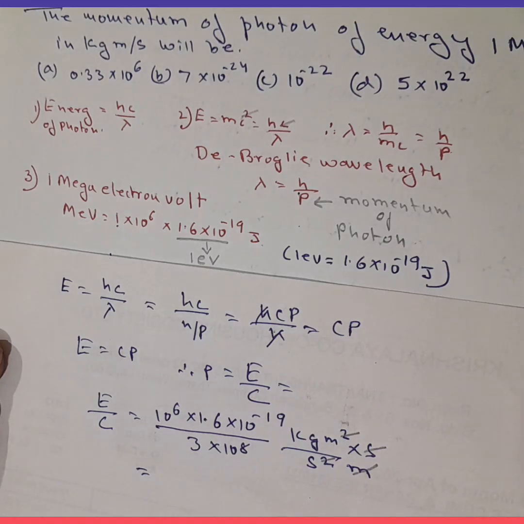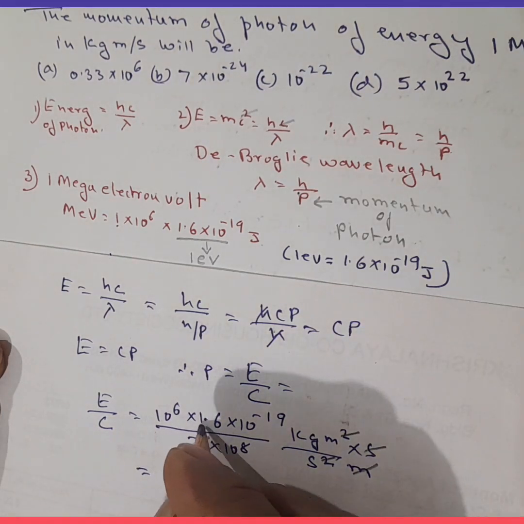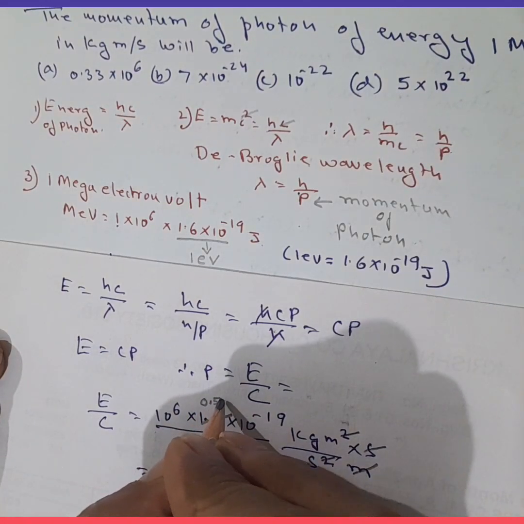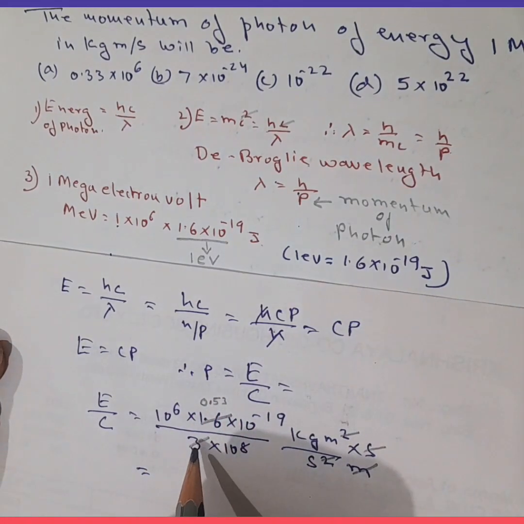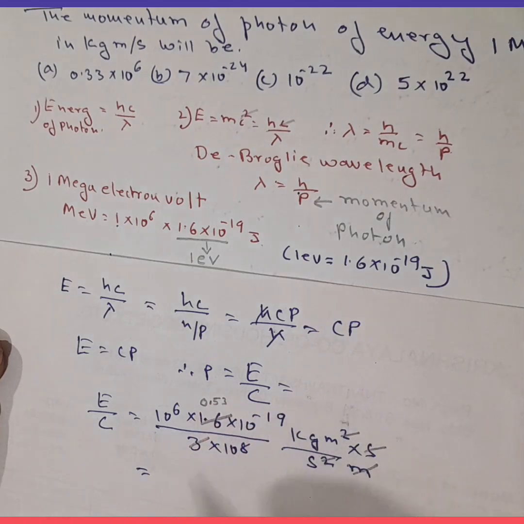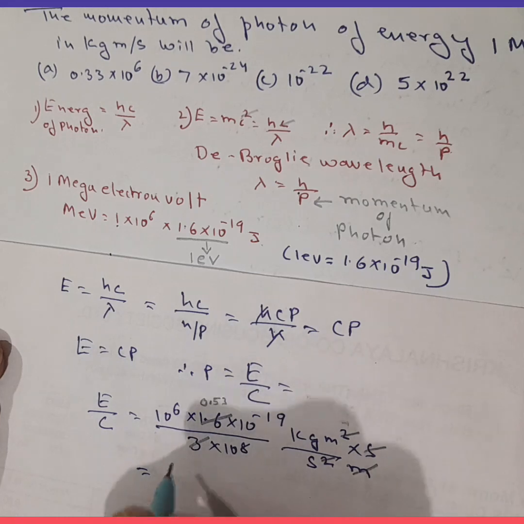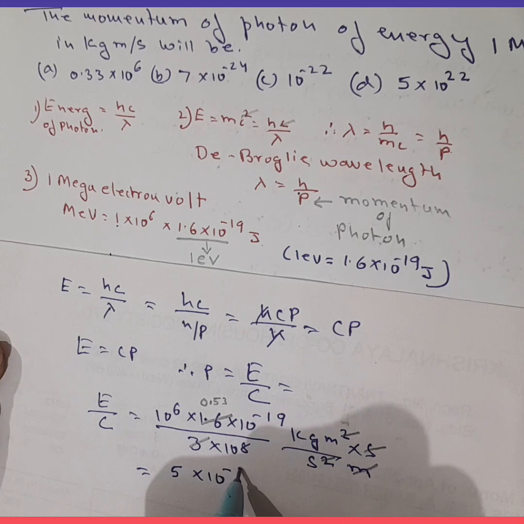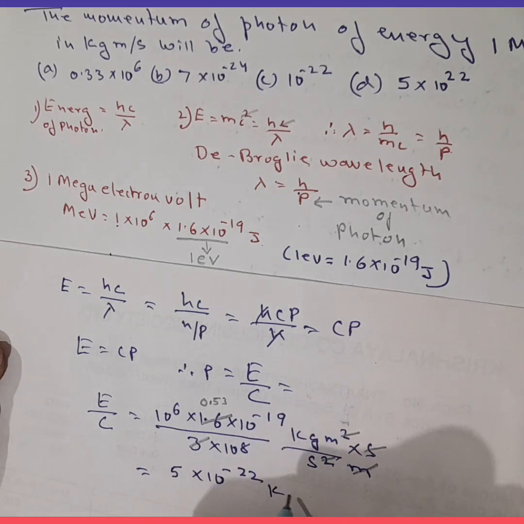Now let's also tackle the numbers. If you do this, it forms 0.533 recurring. 3 5s are 15 and 0.333 recurring. So approximately it would be equal to 5 into 10 raised to minus 22 kg meter per second.